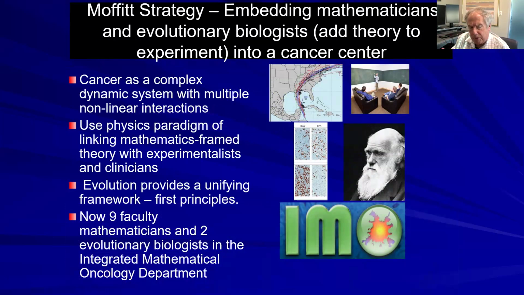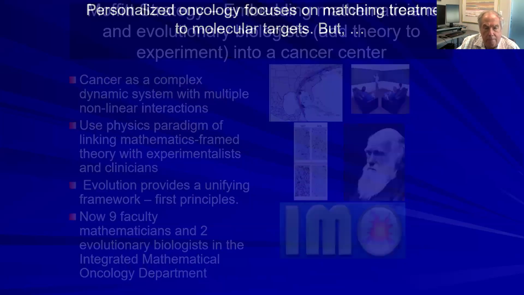And so we developed this kind of mixed approach. We now, I think, have 9 faculty mathematicians and 2 evolutionary biologists, some of which are attending the meeting, and I'm sorry I can't be there.